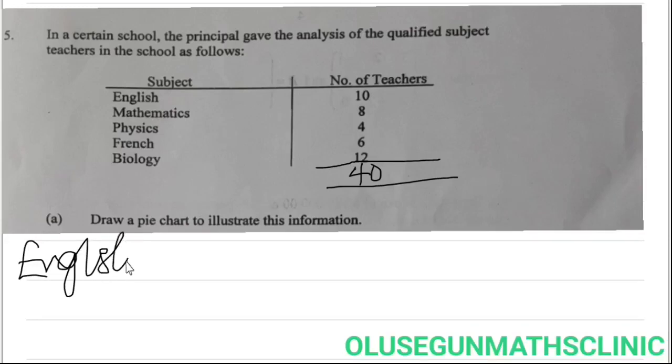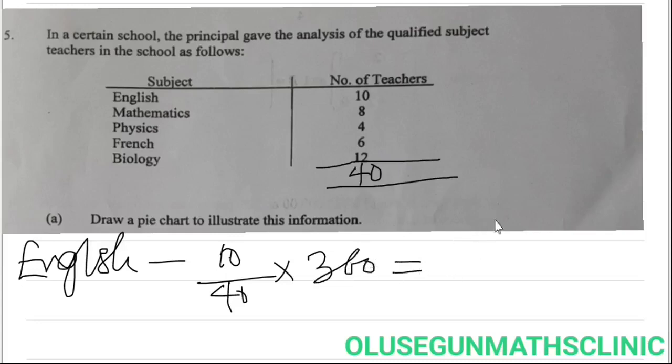English, the angle that English will take is 10 over 40 times 360, which is equal to 90 degrees. So, English has 90 degrees in the pie chart.